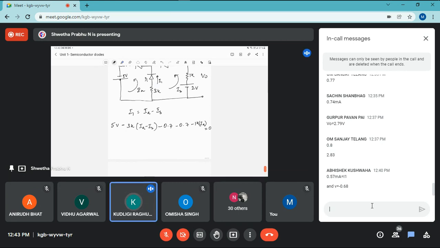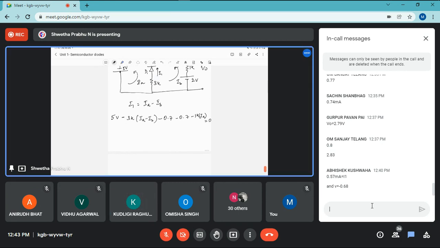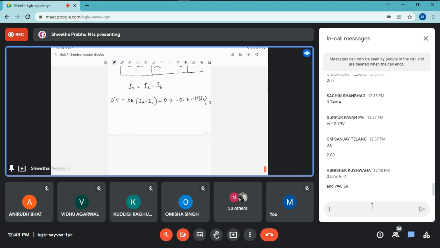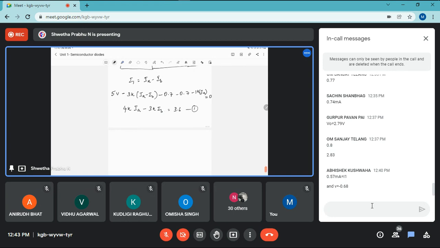Okay, so solve this and you'll get two equations to solve simultaneously. It is 4K into IA minus 3K into IB, and that is equal to 3.6. Take this as equation number 1.